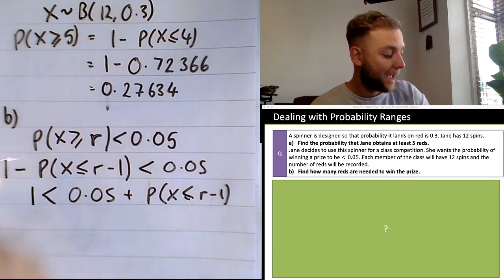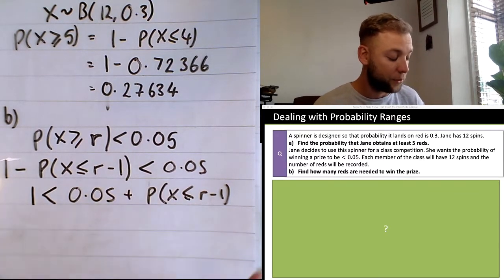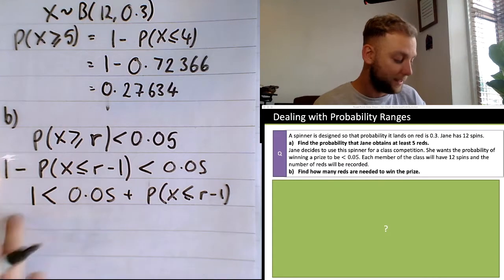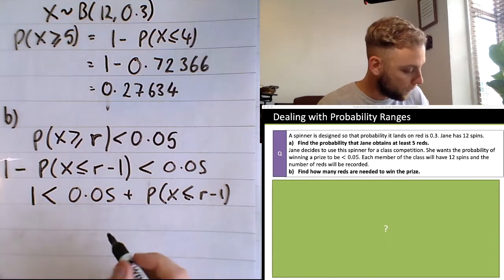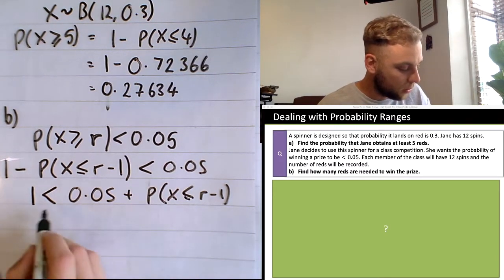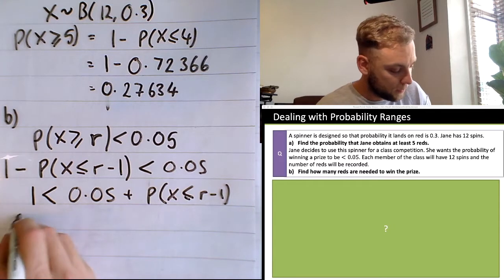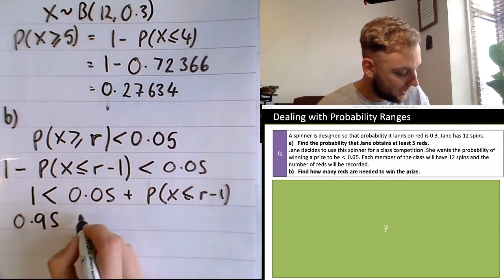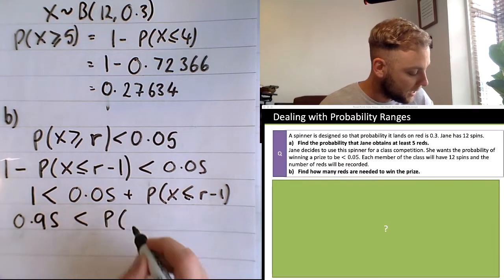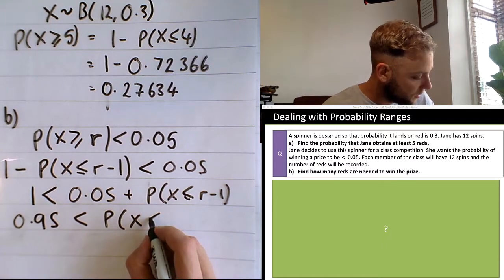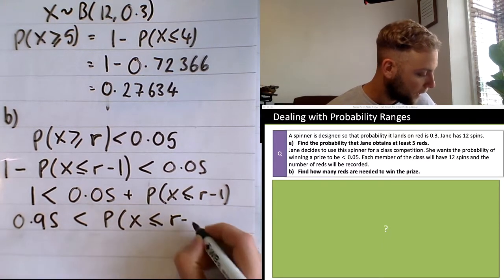I've got to take this back. So this is actually on the right-hand side, but they're not equal to each other. This is greater than that. So let's take this back. I've got 1 minus 0.05 is going to be 0.95 is less than the probability that X is less than or equal to R minus 1.